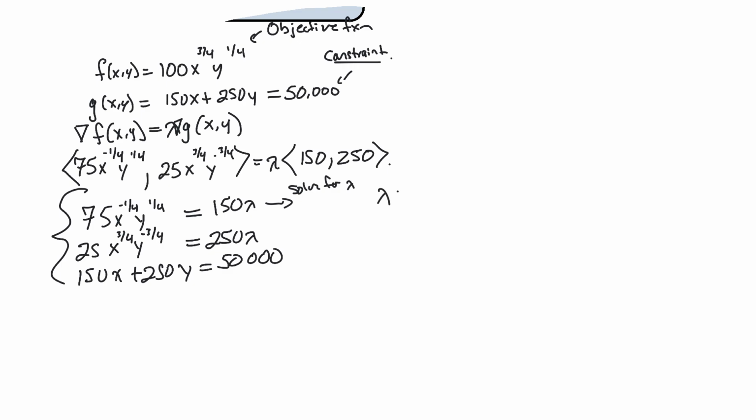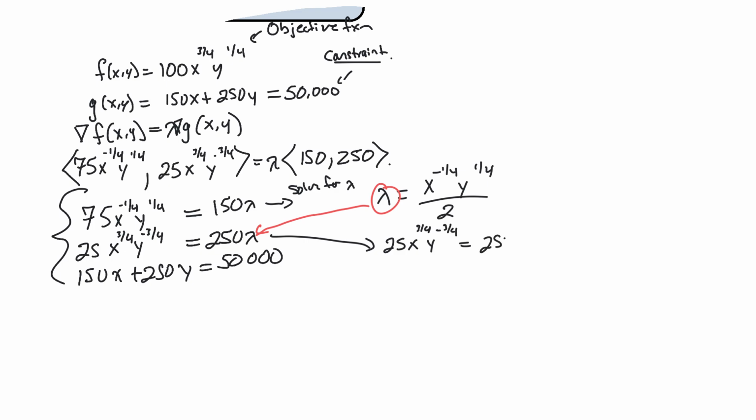So we'll end up getting lambda equals x to the negative 1/4, y to the 1/4 over 2, just dividing both sides by 150. And then substituting that into the second equation is going to give us 25x to the 3/4, y to the negative 3/4 equals 250 times x to the negative 1/4, y to the 1/4 over 2.